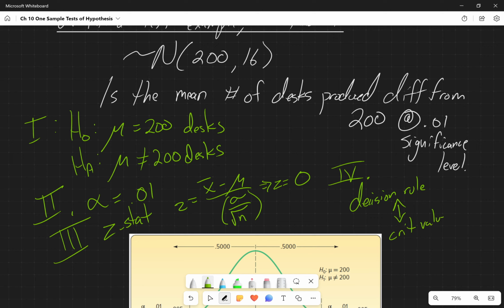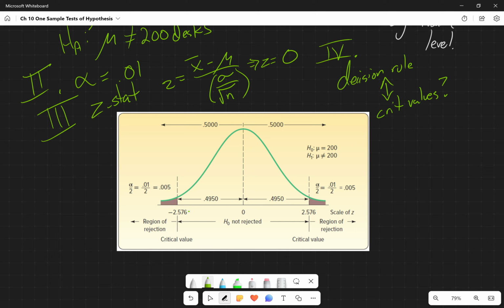And so we're going to go down here and figure out, okay, since I have a two-tailed test, my alpha is actually going to be divided by 2, because I'm trying to figure out if it falls in this range and if it falls in this range while still having 99% in the center. So in order to do that, I have to have 49.5% here and 49.5% here, so that it adds up to 99% out of the full thing, which we can see up here is 100%.